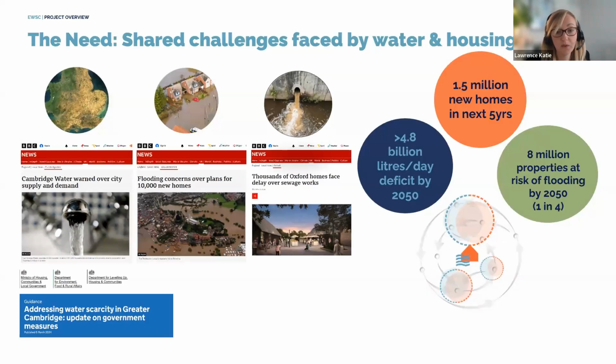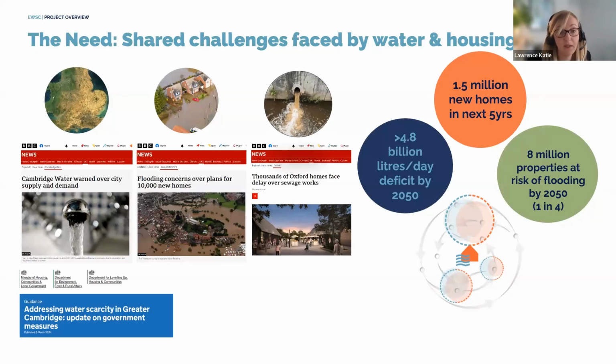Just very quickly, what's the need and why we're delivering Enabling Water Smart Communities. As I'm sure you're all aware, there are a number of different challenges faced by both water companies and the house building sectors. With water scarcity, we are facing a 4.8 billion litre per day deficit by 2050. And with climate change increasing, we're seeing more and more extreme weather events, from severe droughts right through to flooding at opposite ends of the scale. 1 in 4 homes will be at risk of flooding by 2050.